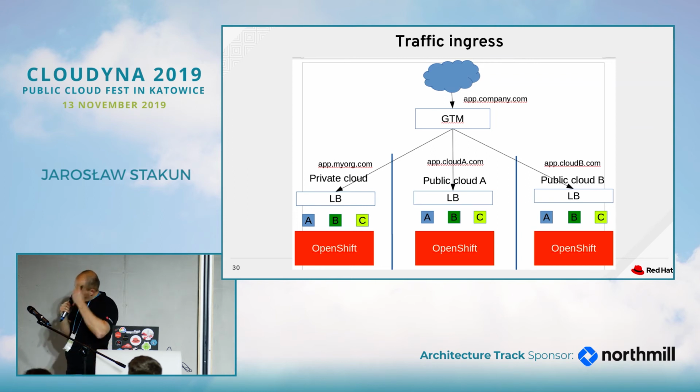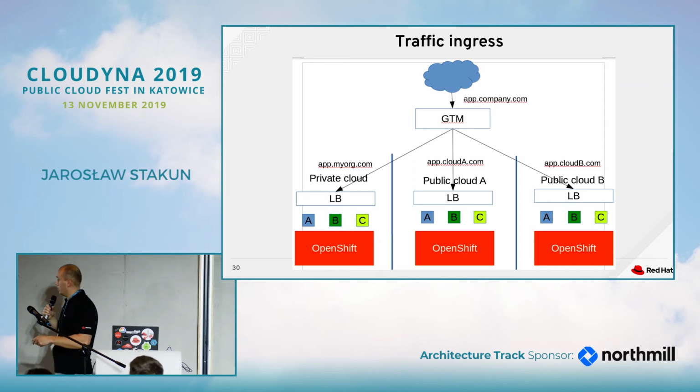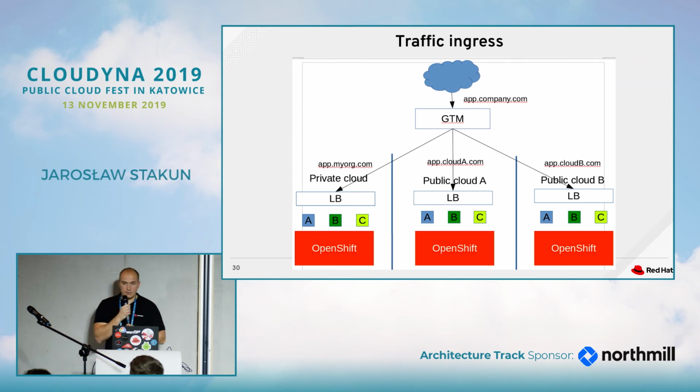In reality, this component is quite complicated, because what you will need here, you will need some health checks. So you need the GTM that supports health checks, so that it can check whether the specific application instance is up and running at the moment of client request.